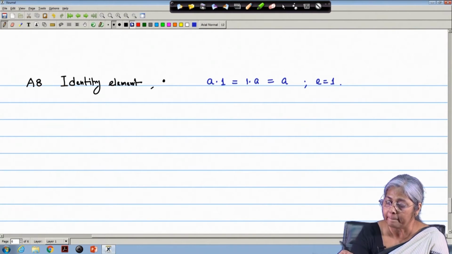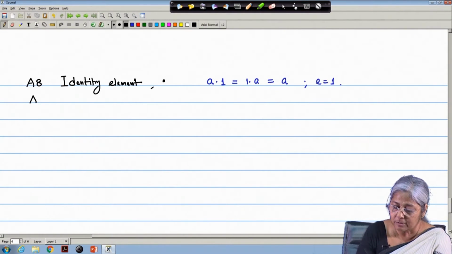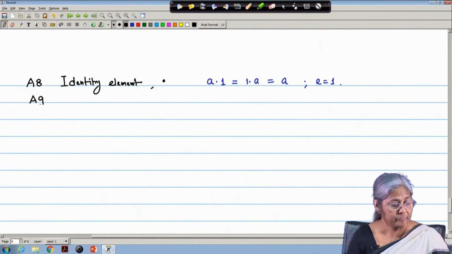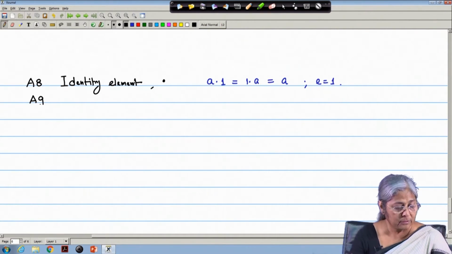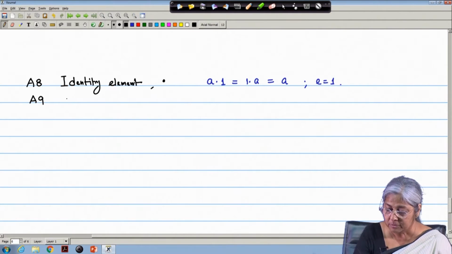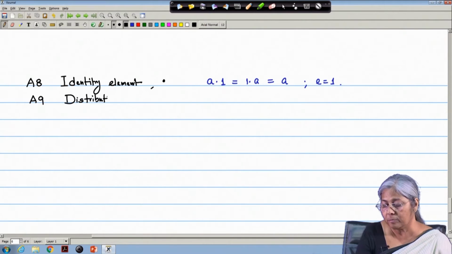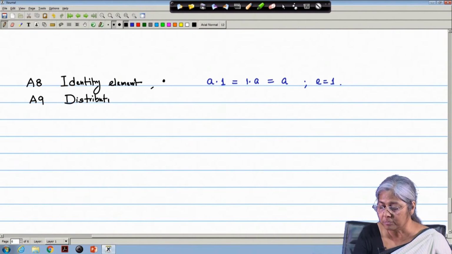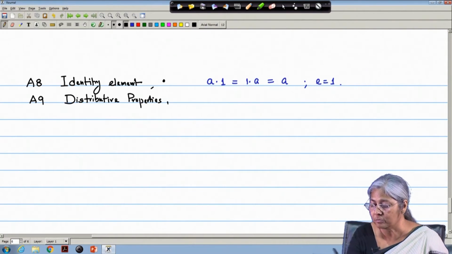Now, I can write 9, my distributive properties. We have two operations, plus and dot, so distributive properties with respect to addition and multiplication.